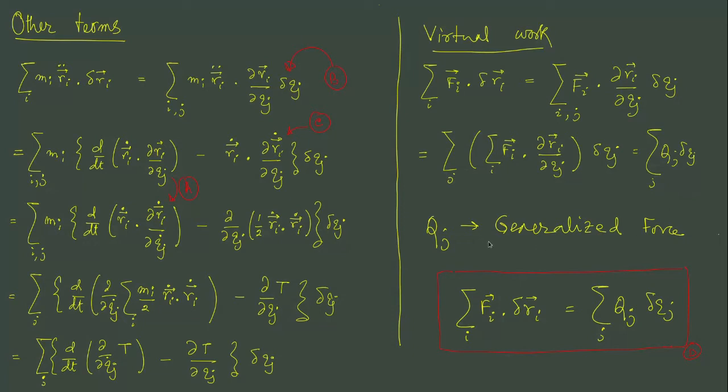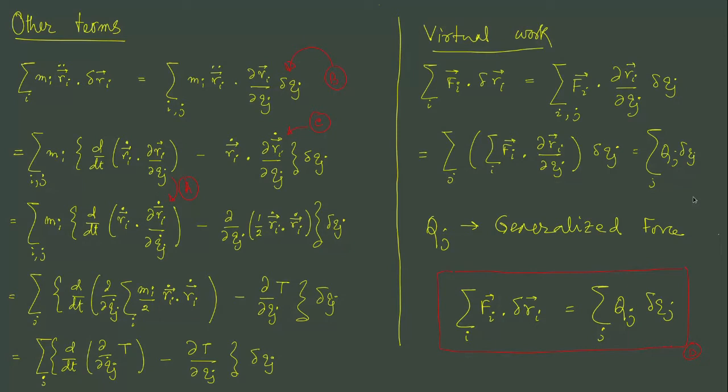Now this generalized force does not have to physically have the dimension of force. For example, if the generalized coordinate is an angle, then the generalized force could be the torque. That way the dimension remains intact.